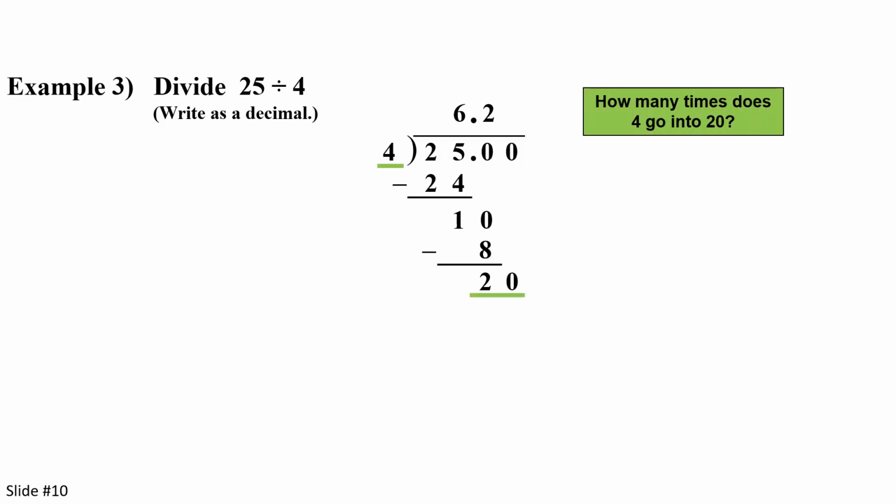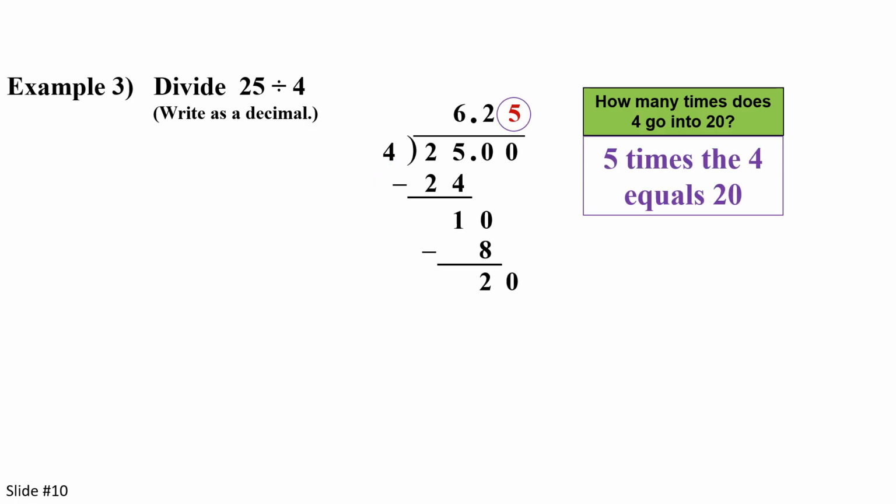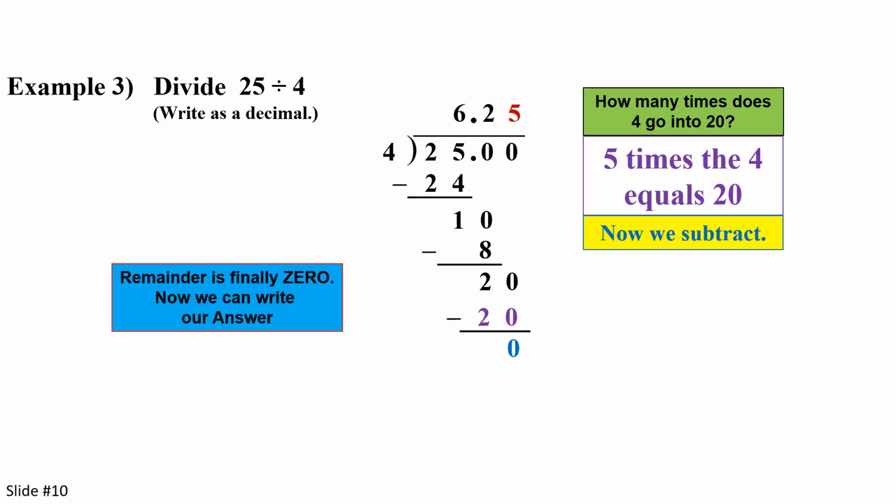So how many times does 4 go into 20? 5 times. 5 times 4 gives me 20. I subtract, and I get a remainder of 0. So now we know the decimal has ended. It has terminated, because my remainder is 0. So now we can write our answer, 6.25.